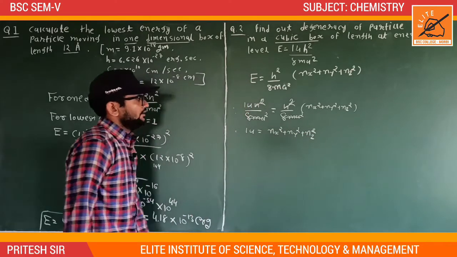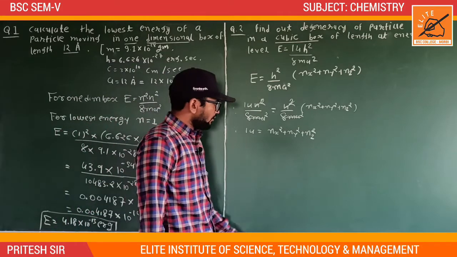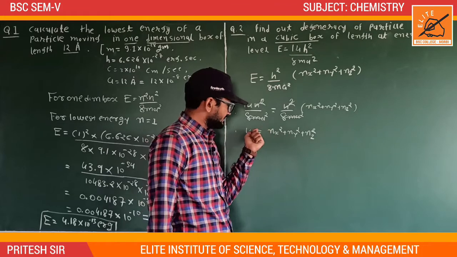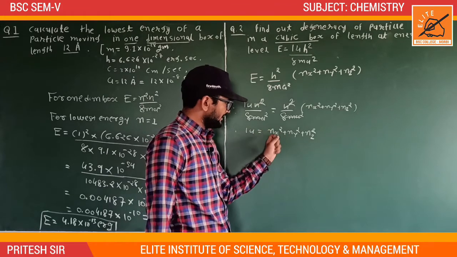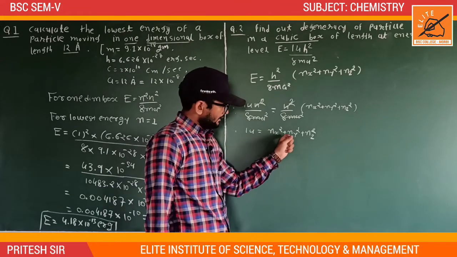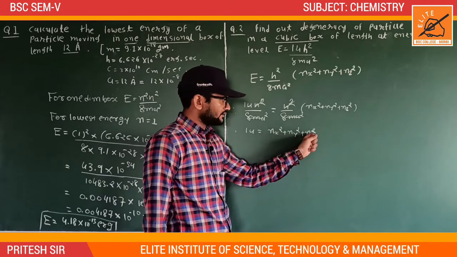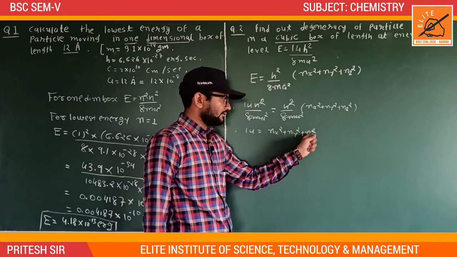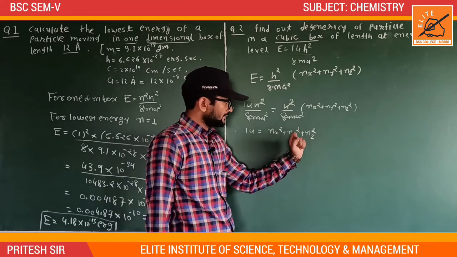Which values of nx, ny and nz satisfy this equation? If I put nx is equal to 1, ny is equal to 1 and nz is also 1, then 1 square plus 1 square plus 1 square is equal to 3, so it is not acceptable.